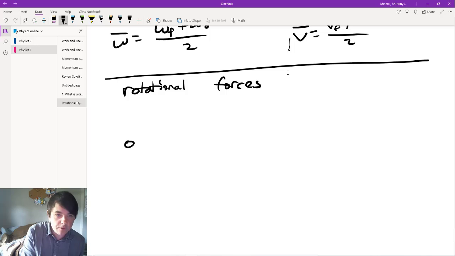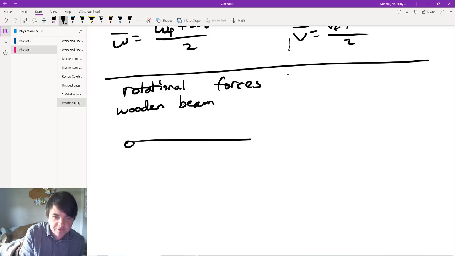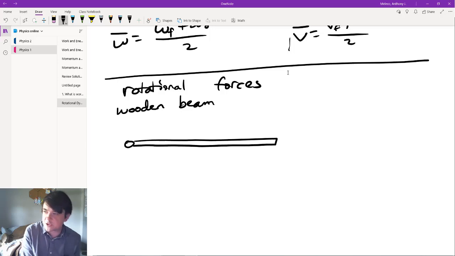So let's look at a wooden beam that's rotating. There are a few things with forces we'll discuss here, including how we get rotation in the first place. Because we're now dealing with solid objects, we've now got a solid beam. We don't just have a particle. This beam is one continuous thing of mass. It's very different.